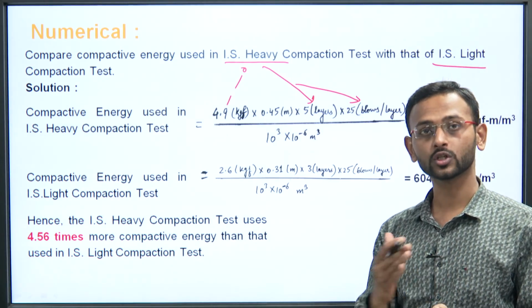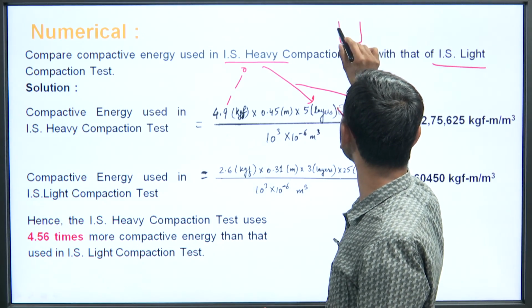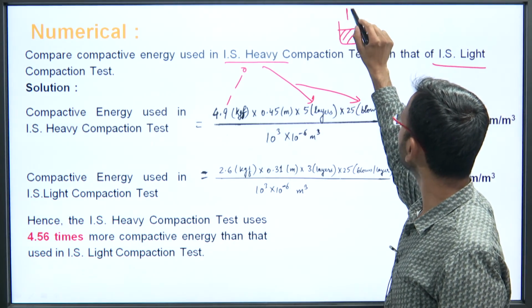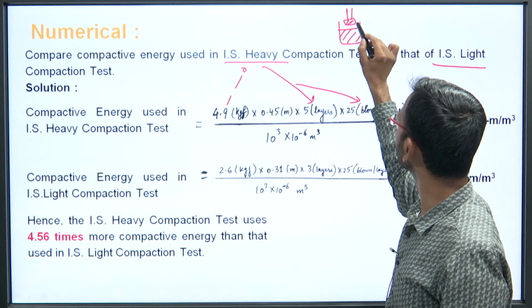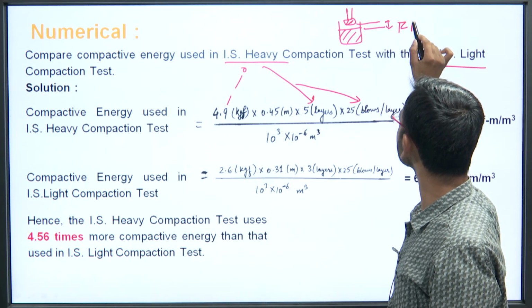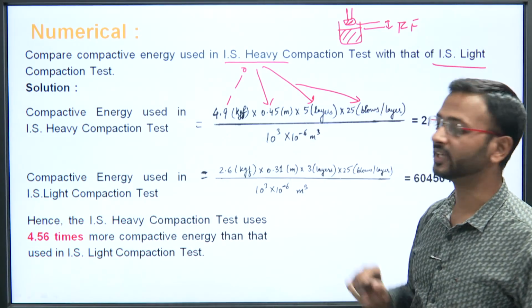What was the free fall height of the rammer? Let us say you took the container and put the soil in it, and then took the rammer. So the free fall height was 0.45 meters.